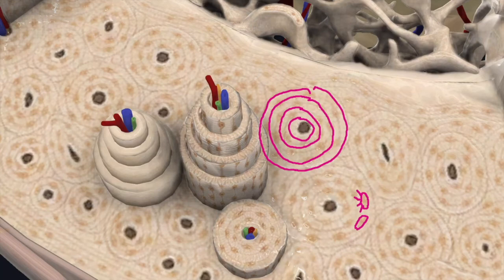You can see the lamellar pattern is around a narrow canal in the center. This is the narrow canal in the center, called the Haversian canal. Around the Haversian canal you have the concentric rings of lamellae.